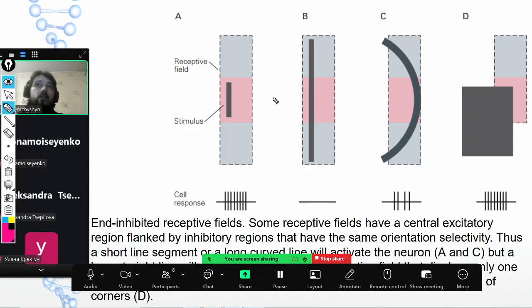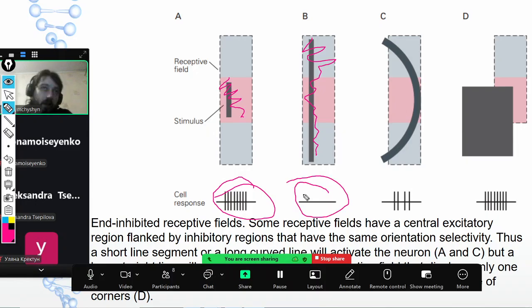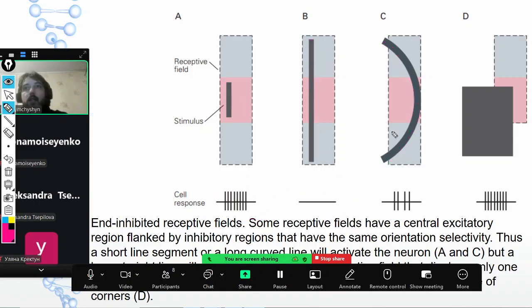Where does it lead us to? If we have a stimulus that fully falls in the plus area, we have a lot of action potentials. If we have some large object that falls into both plus and minus areas, we may get no action potentials. Why not? The object may be curved somehow, so it may get into the plus part, but only a little bit into the minus parts.